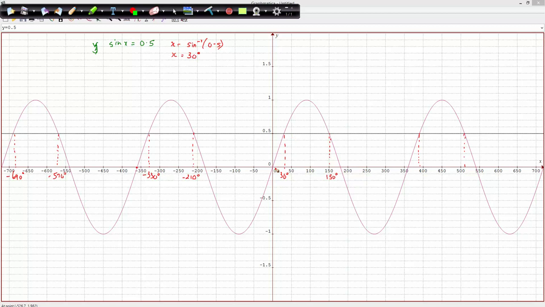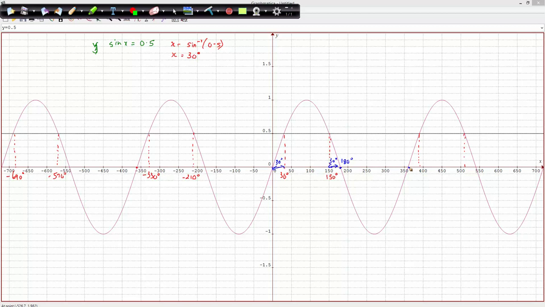If you look at the symmetry of this section of the graph, hopefully it's clear why. This here is 180 degrees, and this from 0 was up 30 degrees in that direction. Look at the symmetry of that shape, so this must be 30 degrees down from 180.